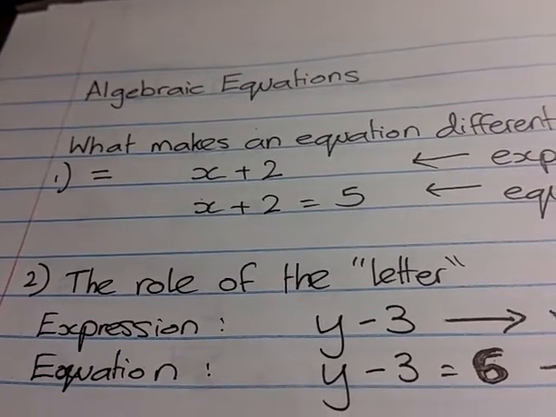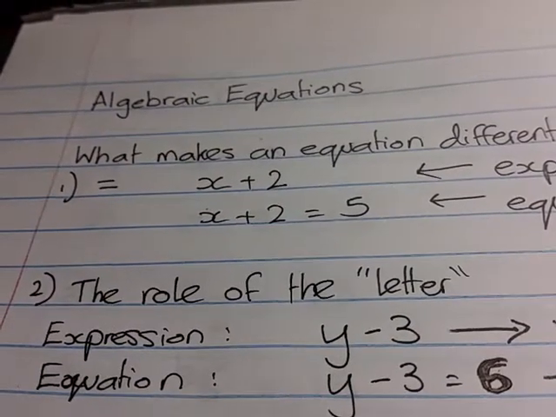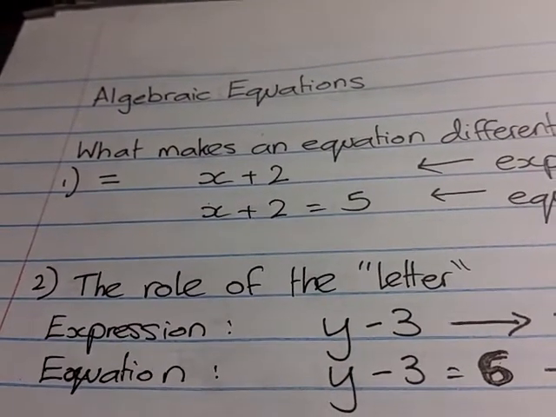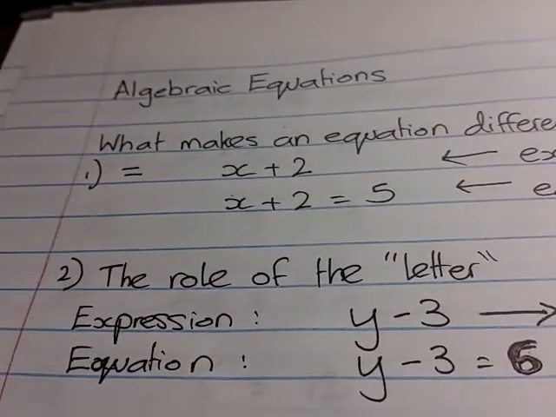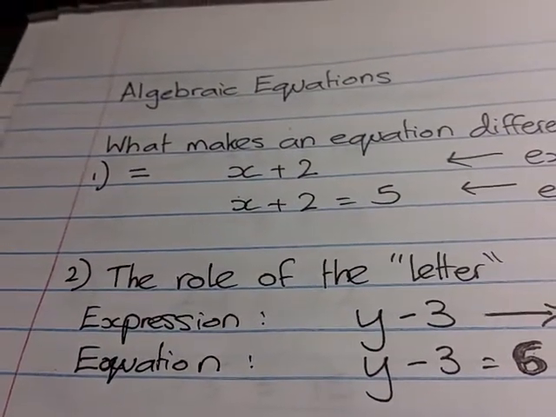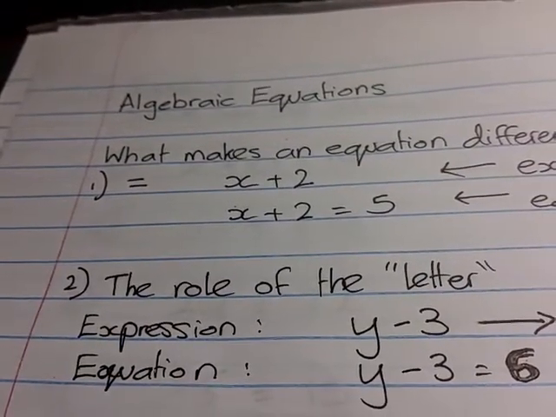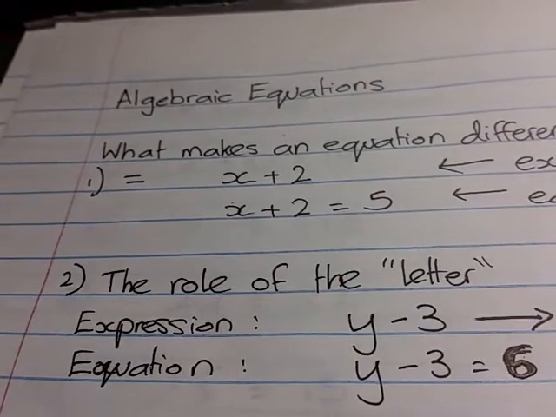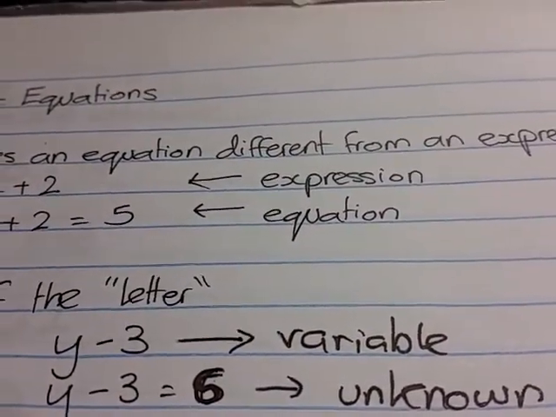In this case, it'll be 9, because only 9 minus 3 will give you 6. So that letter y can't be any number anymore. It's now just a value that we don't know at the start when we read it. Hence why it takes the new role of an unknown.